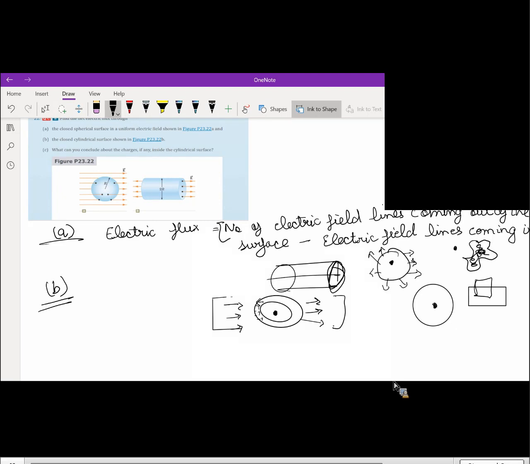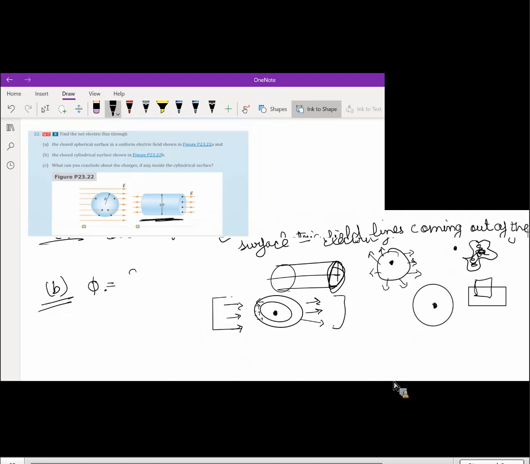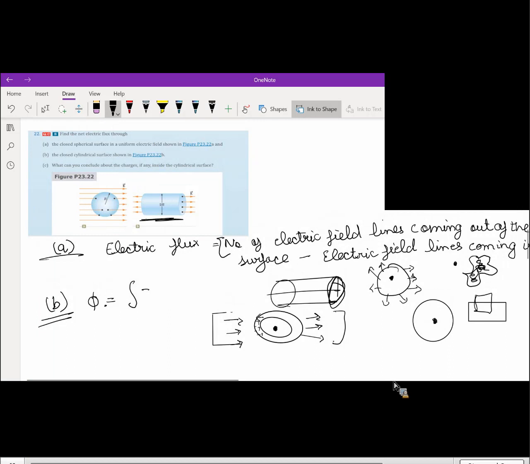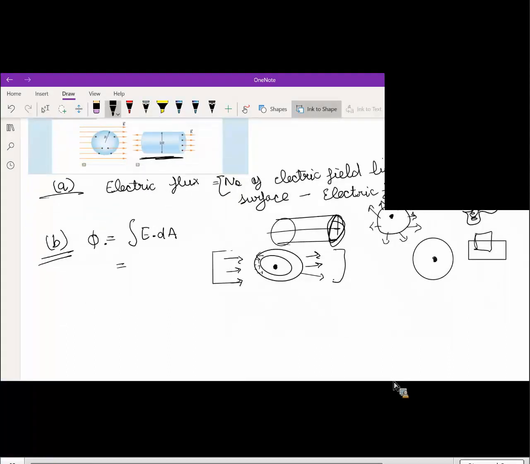Okay, so let's go to question B, the closed surface shown. Now we have a cylinder, and if you can see closely, we have electric field lines emanating from it, coming out of both the ends. So what is flux? Flux is E dot dA, and through the curved surface it is 0 because the field is parallel to it.